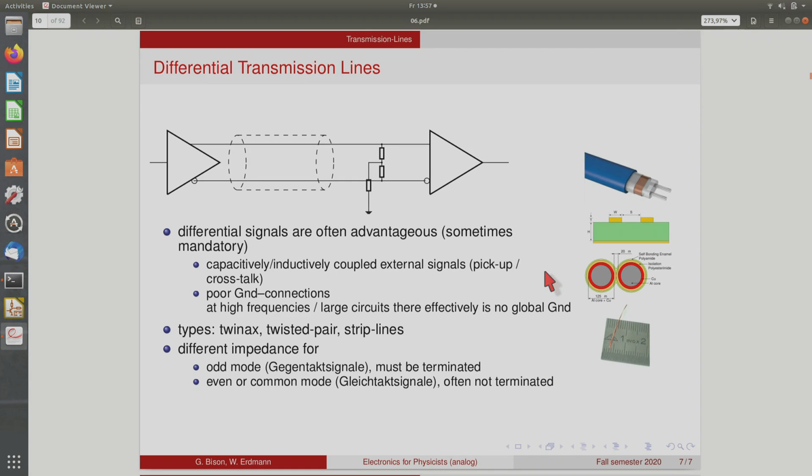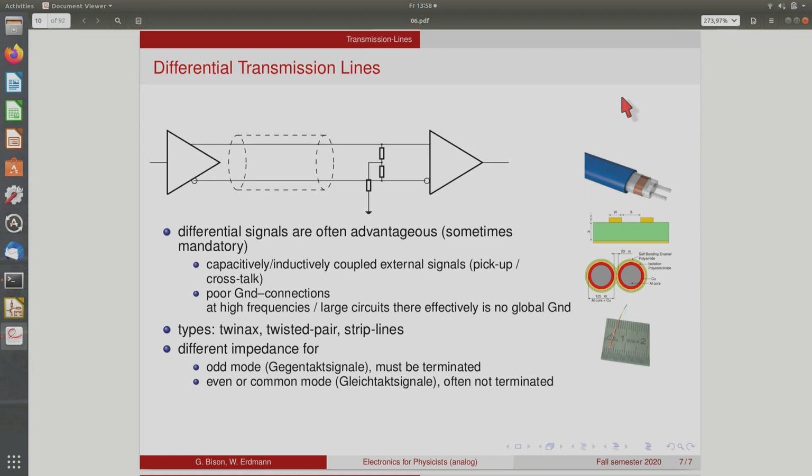Okay, the last thing I want to mention is the differential transmission line. So in practice, when you really transmit fast data or fast signals over long lines, it's often advisable to use differential signals. So you have not only one signal polarity, but you copy the signal with the inverse polarity and send both through the same cable on different wires. So you have 2 wires in your cable, and one signal goes up and the other one goes down by the same amount.